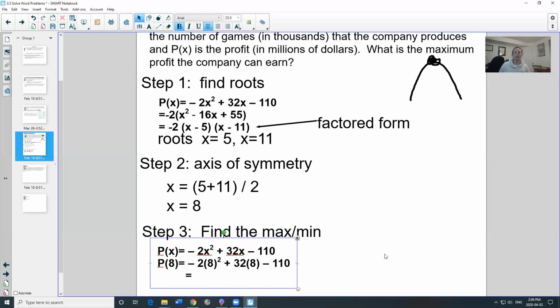When you do your exponents, you have to do exponents first, so 64 and then times -2. So 64 times -2 is -128. Then I need to add 32 times 8. That's 64. Well, that's -110.